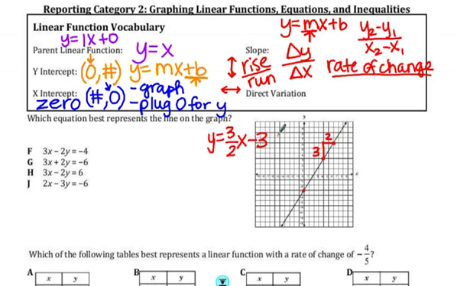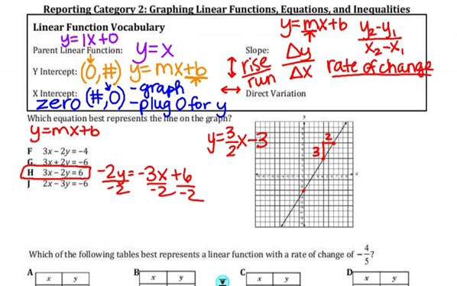Now, while all of these are given, my answer choices are all in standard form, so I would need to rearrange each of these so that they look like y equals mx plus b, and see which one gets me there. I'll let you solve through those, and I'll just let you know that whenever you solve all of these, you'll end up getting H. But you should write these out, solve them on the side, and make sure that you're getting the same answer as me.